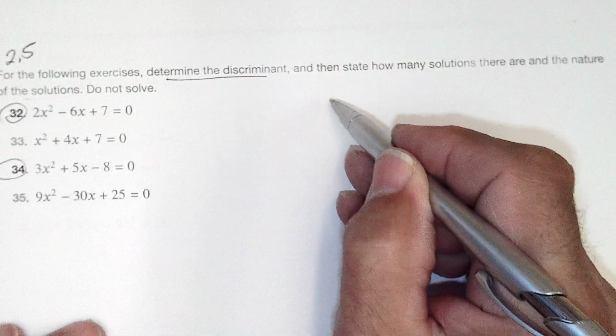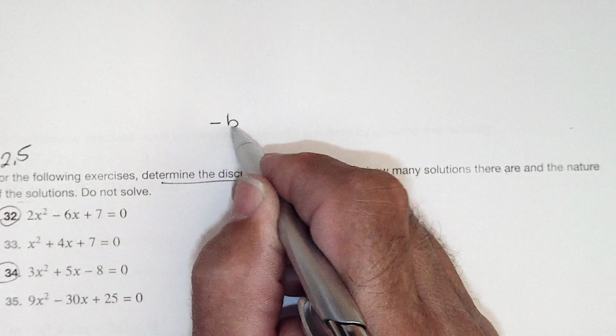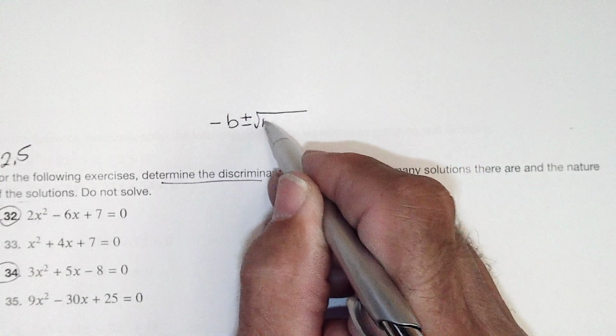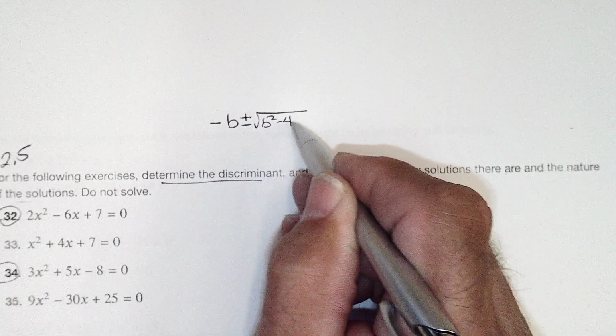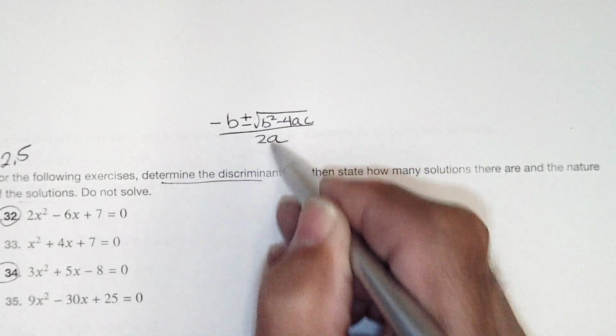Now I'll explain more. The quadratic formula says the opposite of b plus or minus the square root of b squared minus 4ac, all divided by 2a.